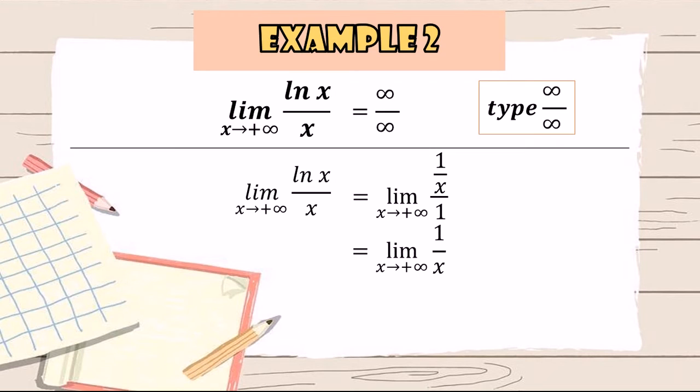And now we will evaluate it. It will result in 1 over x. Then we can use direct substitution, so we have 1 over infinity. 1 over infinity equals 0. So remember that whenever you have a fixed number divided by an infinite number, you're going to get 0.